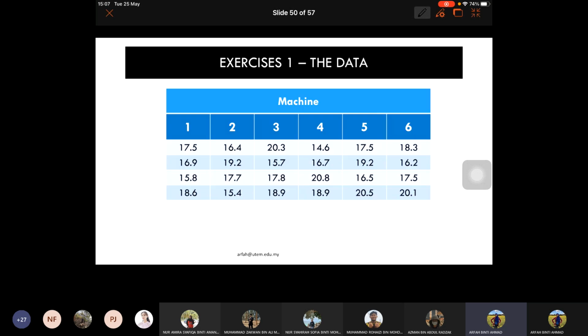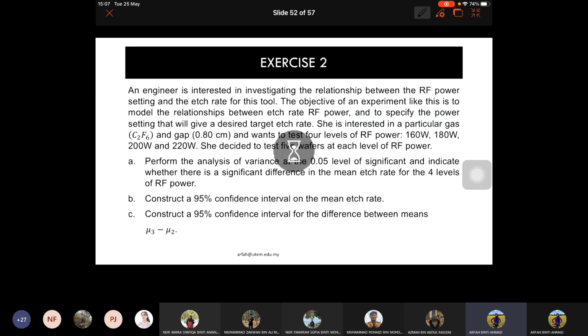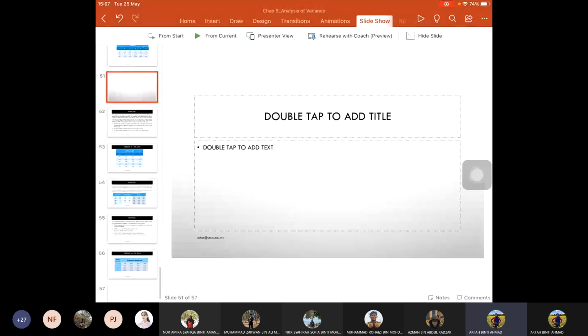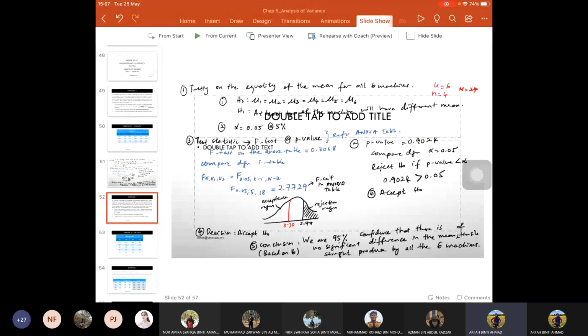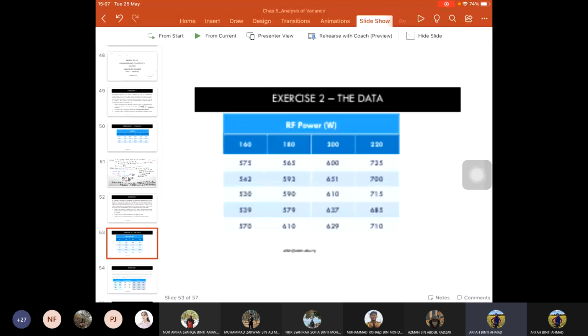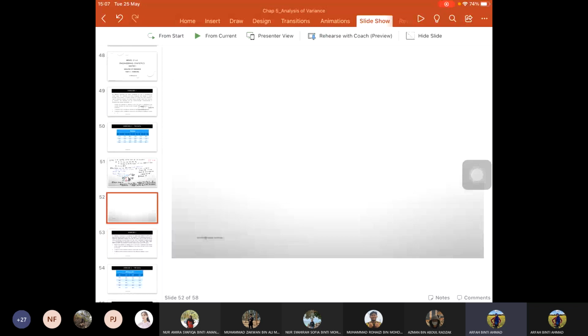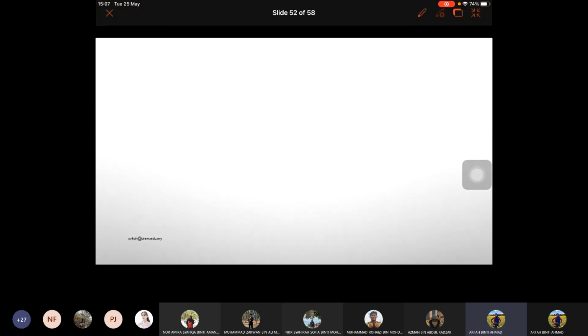So for this particular question, kita akan menggunakan confidence interval for each machine atau each treatment.